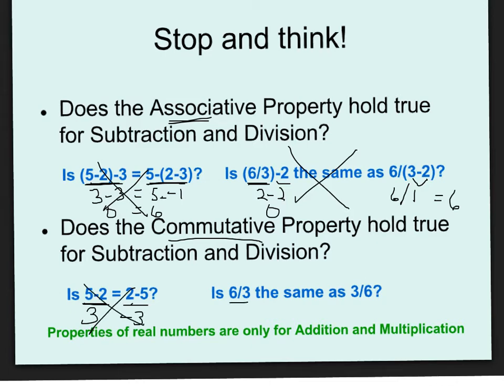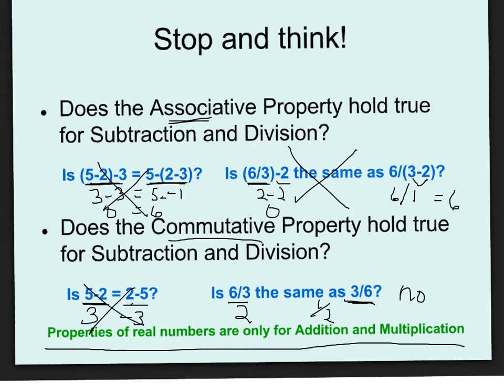Same thing with division. Is 6 divided by 3 the same thing as 3 divided by 6? No, it's not. 6 divided by 3 is 2, and 3 divided by 6 is 1/2. So the bottom line is this: properties of real numbers are only for addition and multiplication. They do not work for subtraction and division.